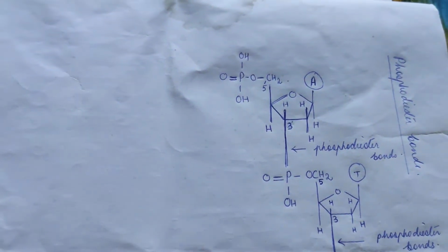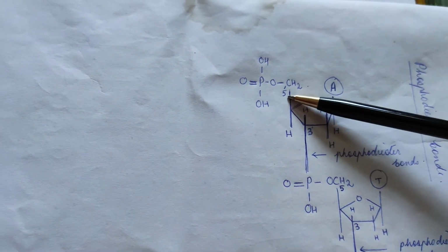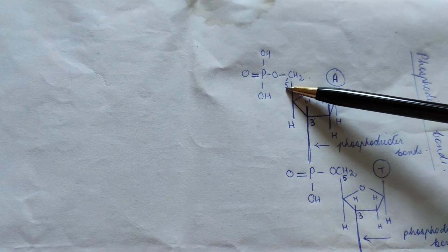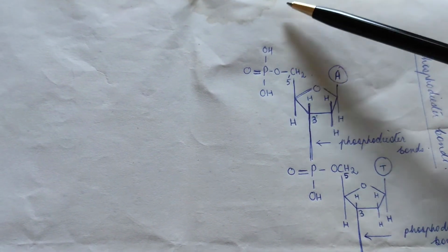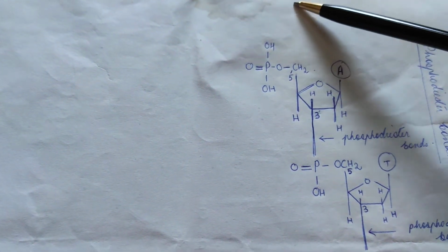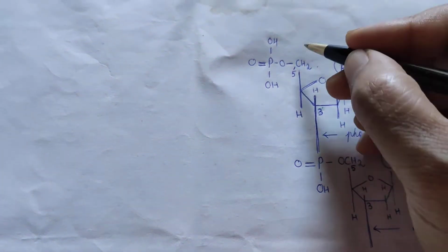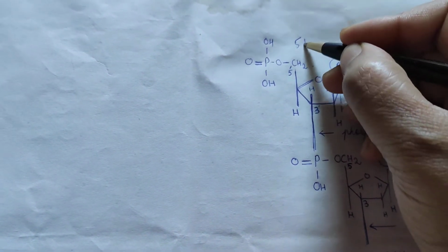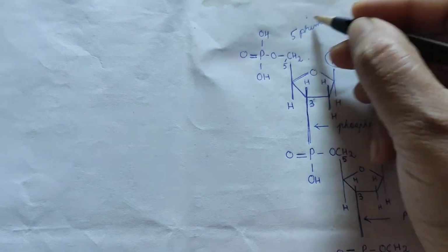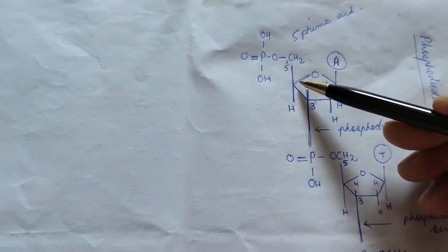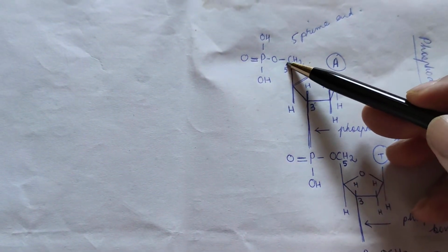Next, here we can see that the carbon 5 of this nucleotide is free. It is not attached with any other nucleotide. So this end is known as the 5' end, written as 5 with a small dash.